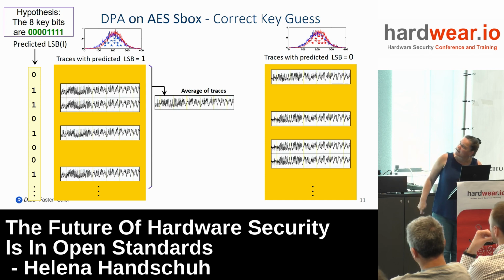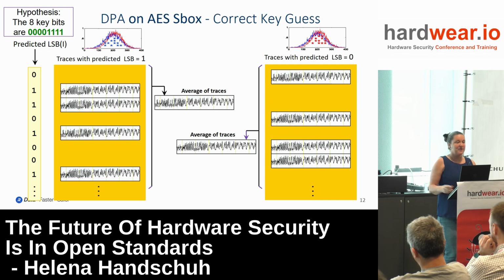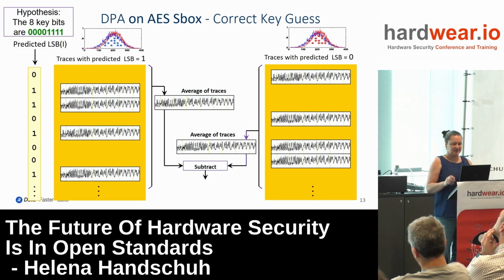The left-hand bucket is traces with a predicted least significant bit of 1, and the right side is traces with a predicted least significant bit equal to 0. Now you have a bunch of traces in each bucket. You average all of the traces in each bucket, so that you have one global representative trace, and then you subtract those 2 averages.